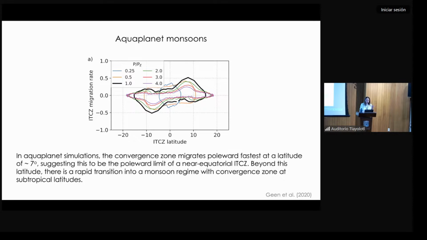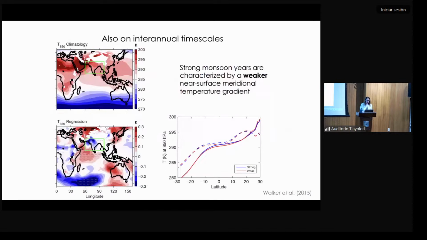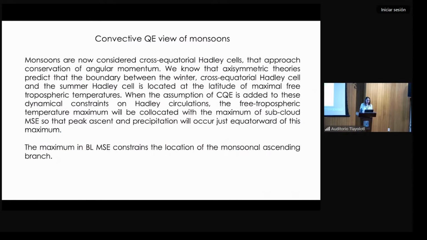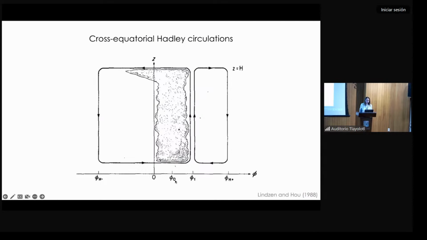This rapid jump away from the equator was something already pointed out by Lindzen and Hou. He really emphasized how, as you move the forcing latitude away from the equator, the separation between the poleward boundary of the circulation and the latitude of maximum forcing increases.